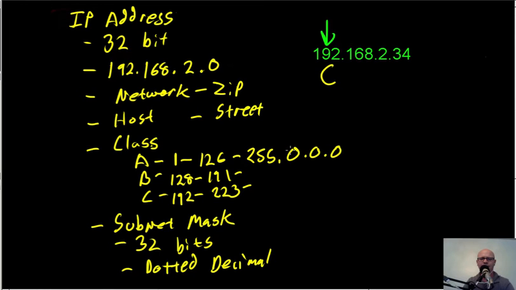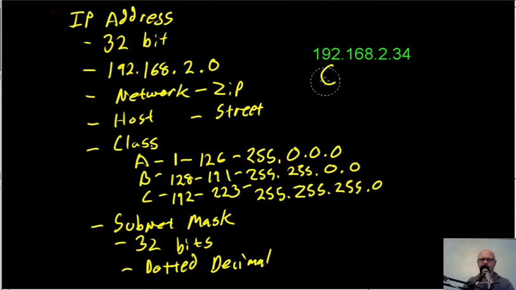That means in a class A, the first octet is the network, and the last three octets are the host portion. Class B is 255.255.0.0. And a class C, you've probably seen this simple pattern, 255.255.255.0.